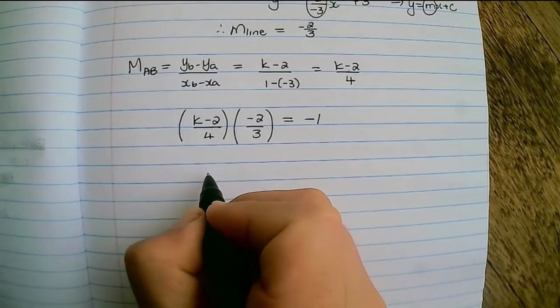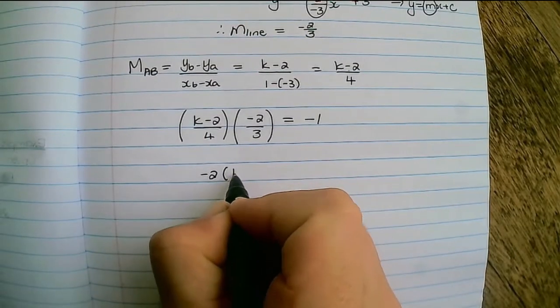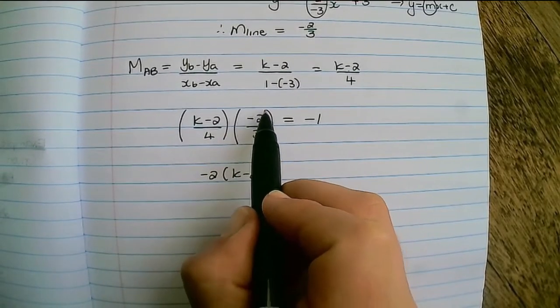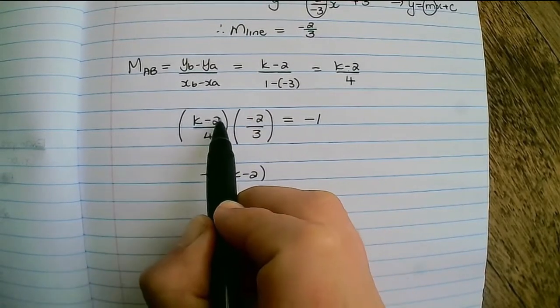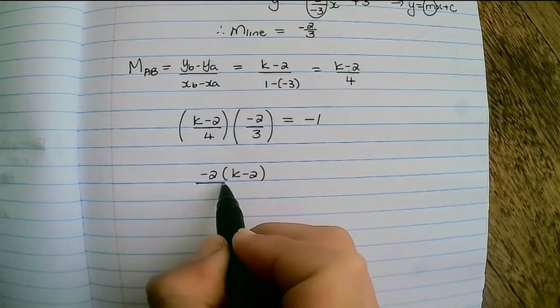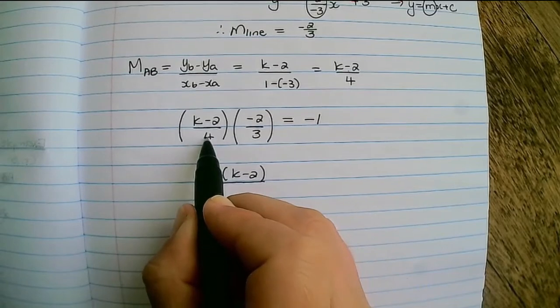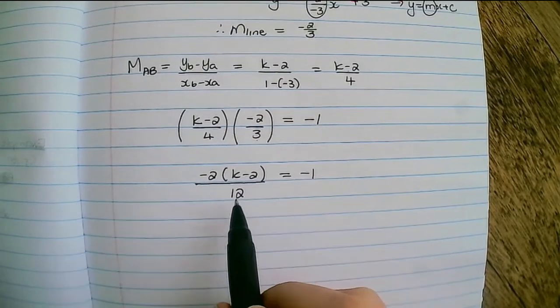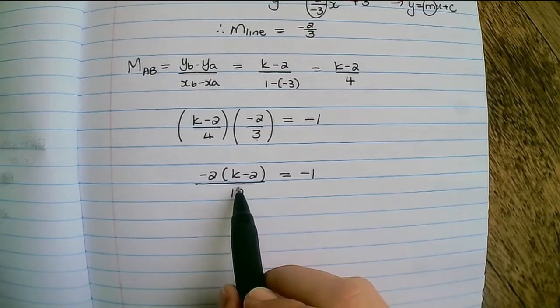So this would mean -2 times k minus 2 in the numerator. So I multiply -2 with k minus 2, notice I'm keeping it as a bracket, and 4 multiplied with 3 in the denominator. Therefore I have the denominator as 12.